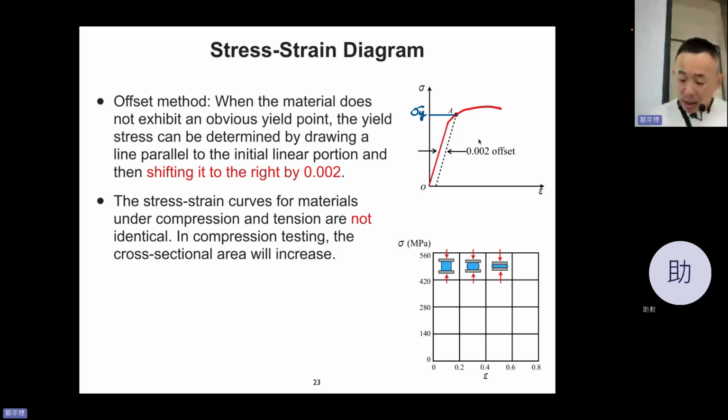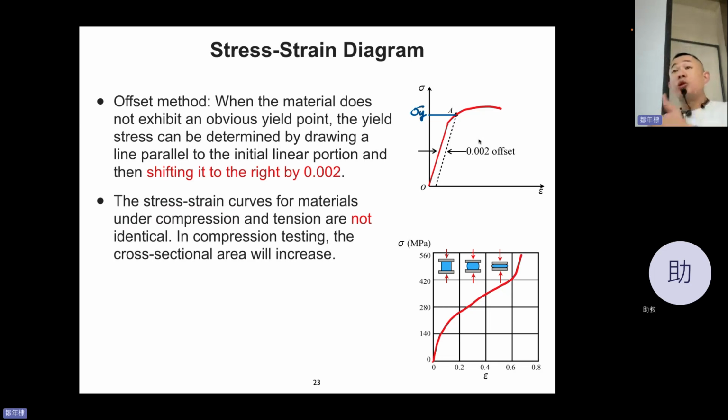We also said the stress strain curves for material under compression and tension are not the same. Under compression, the curve will look like this.